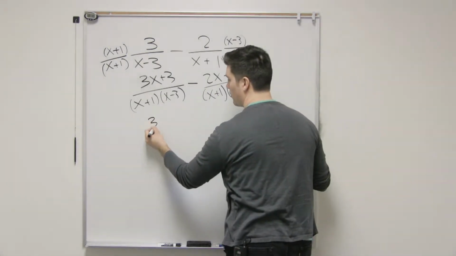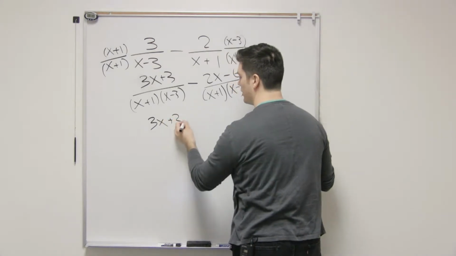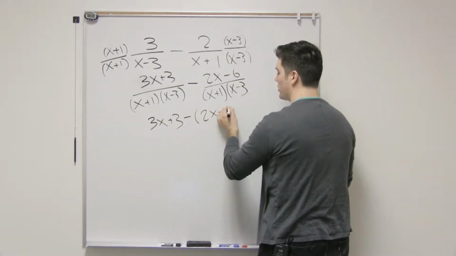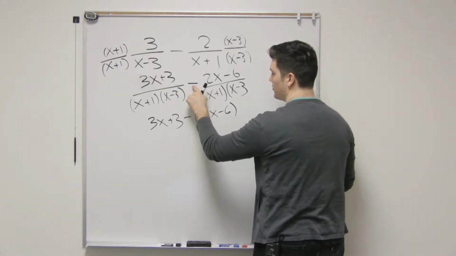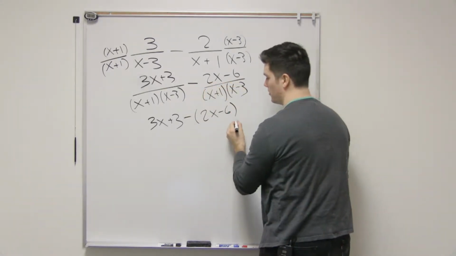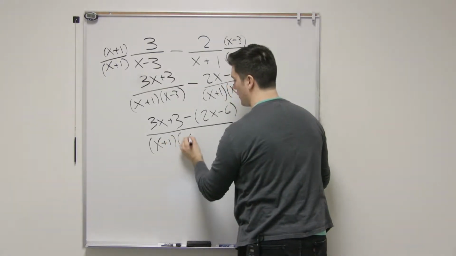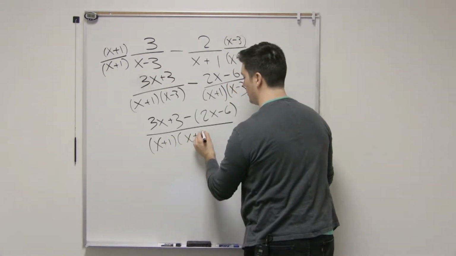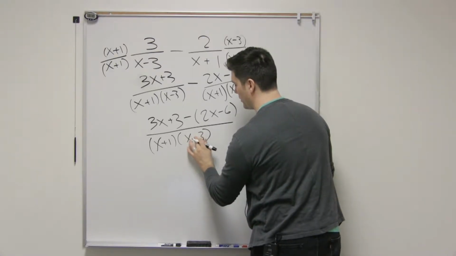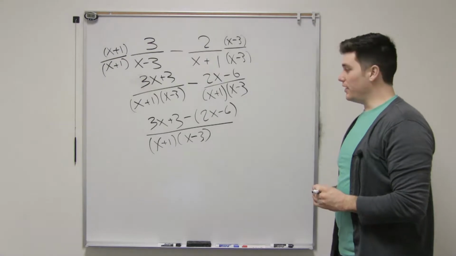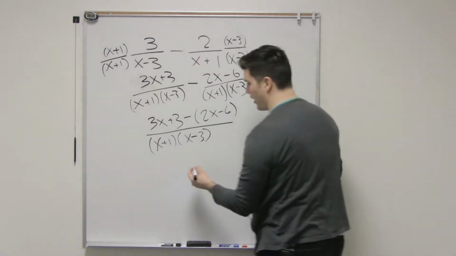So we get 3x plus 3 minus, and I'm going to put parentheses here, 2x minus 6, because we need to remember to distribute this negative to both terms, all over x plus 1 times x minus 3. So now we are here, and to finish this up, we just distribute that negative through.